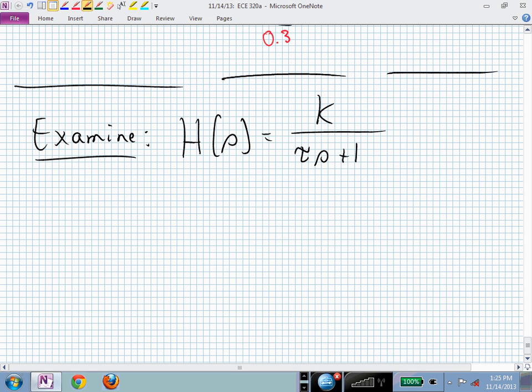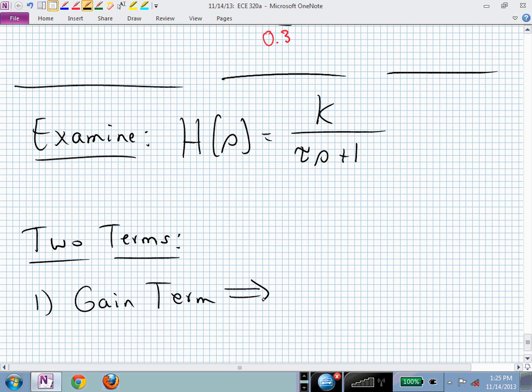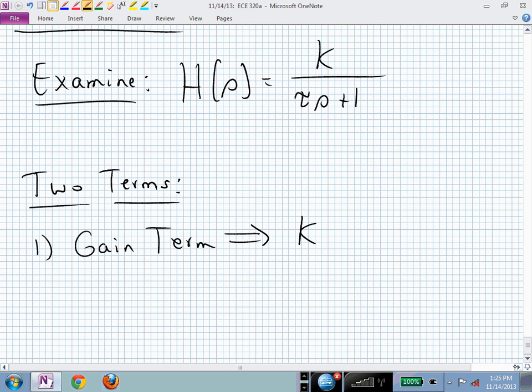We now have two terms in this transfer function. We have a gain term, which is just the k, and we have a linear term because it's just tau s plus 1 raised to the first power, so I just have an s to the 1.